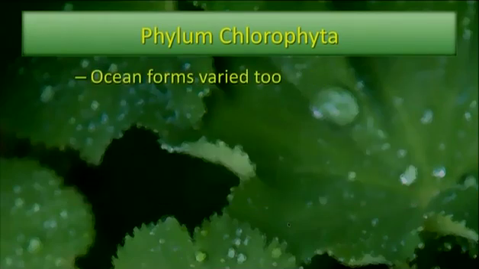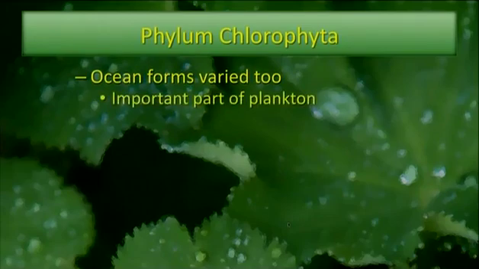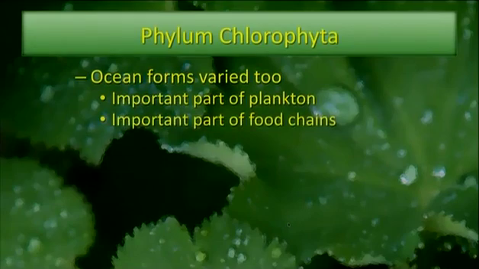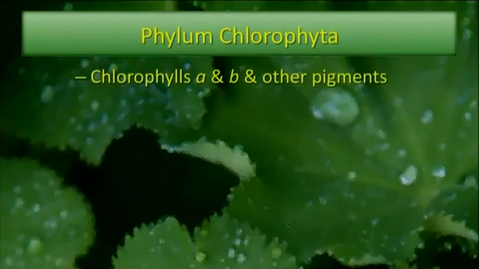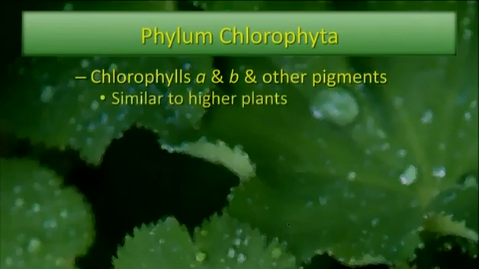Now the ocean forms, the marine forms, are varied too. They form an important part of the phytoplankton. And of course they're an important part of food chains. The phylum Chlorophyta have in common that they all have chlorophylls A and B and other pigments that are similar to those of higher plants.